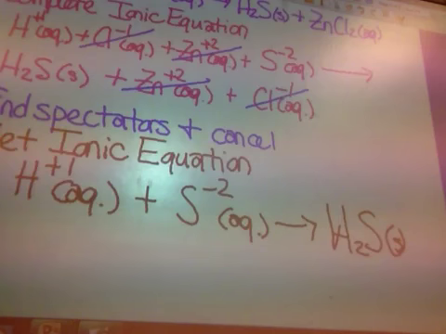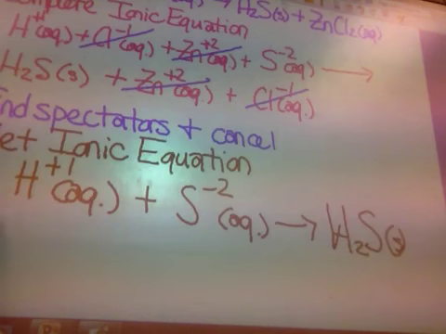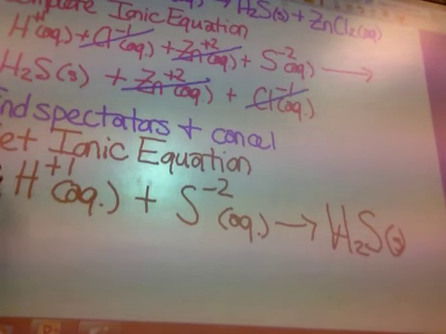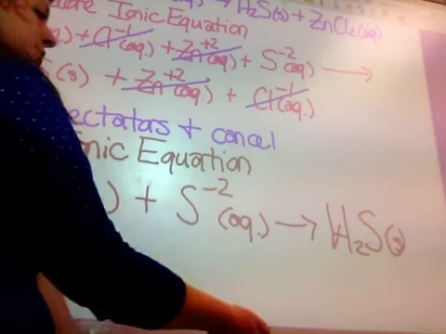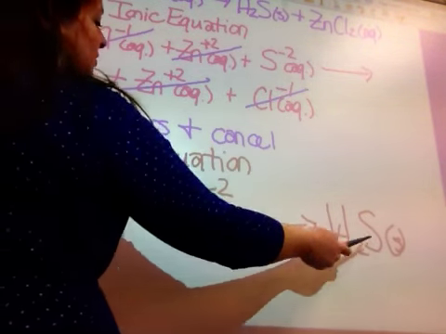There is one problem, and that is I did not balance that reaction before I started. So now let me look at my net ionic equation. Is this net ionic equation balanced? It is not. I have one hydrogen, but I have two hydrogens over here, and one sulfur over here.